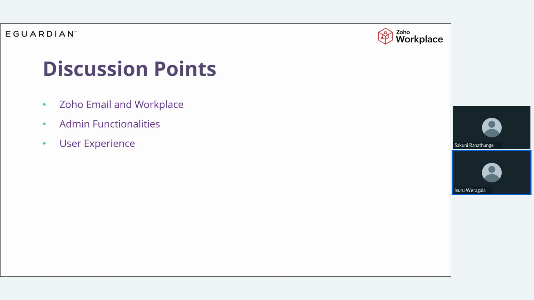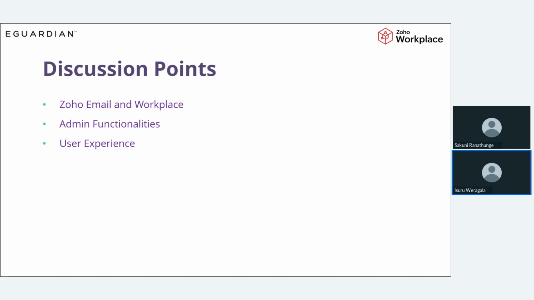Likewise, you can see the capabilities under Workplace Standard. Again, the biggest plan you can purchase under Zoho for collaboration and email functionality is Workplace Professional, with advanced features.